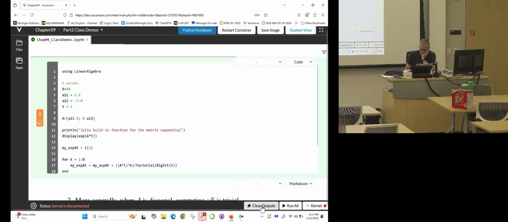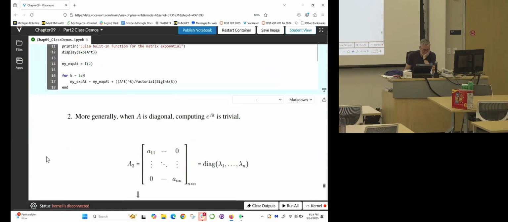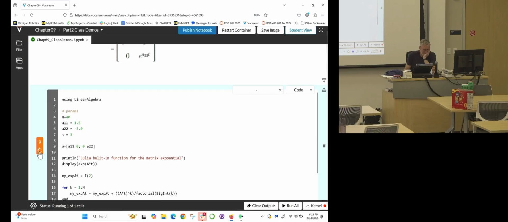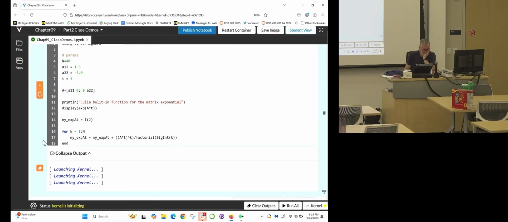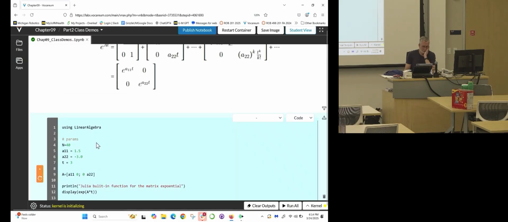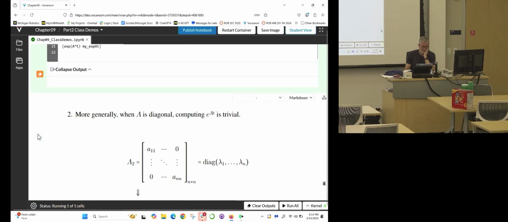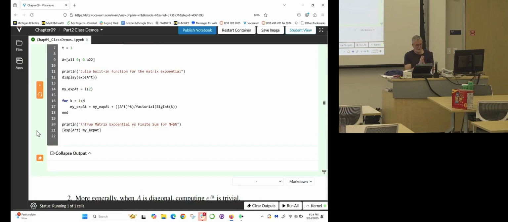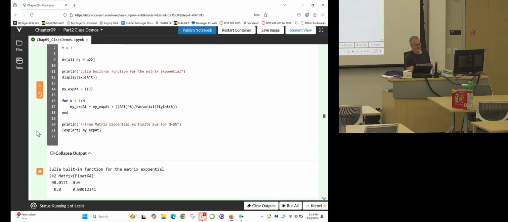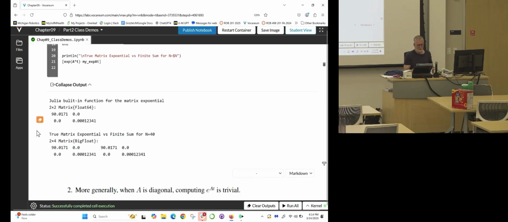I suffer just like you do. Come on, stop spinning. Kernel is disconnected. Kernel is initializing. My lab is now ready, and we're running this cell. Okay. Run, please, run.